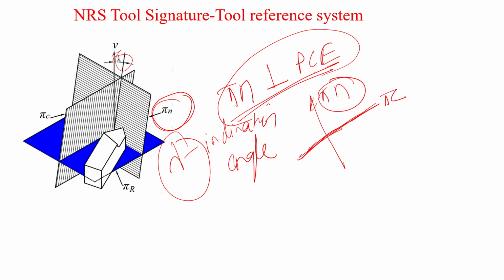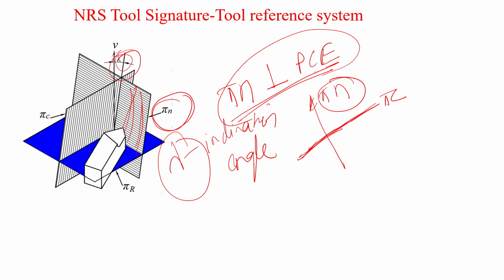There are different reasons for that, which is a very huge topic to discuss. So you just know that the chip gets deviated from the orthogonal plane and flows in the normal plane. How much angle it gets deviated, that angle is called the inclination angle, which is a very important angle here.